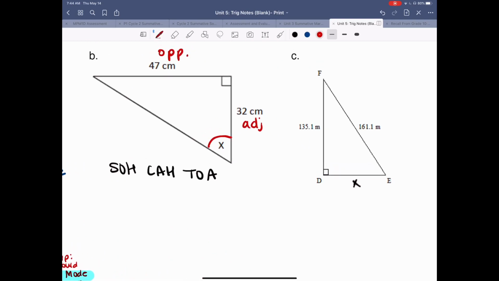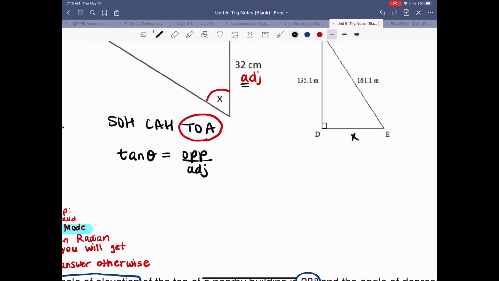I'm noticing that the words O and A are used. Therefore, I am going to circle TOA, because that's the only trigonometric ratio that consists of the letters O and A. I have tan theta is equal to opposite over adjacent, just until you get used to that formula at first.